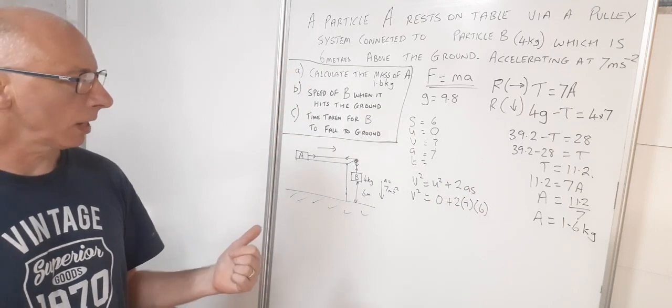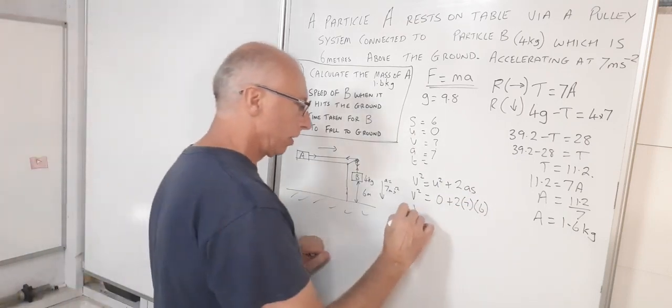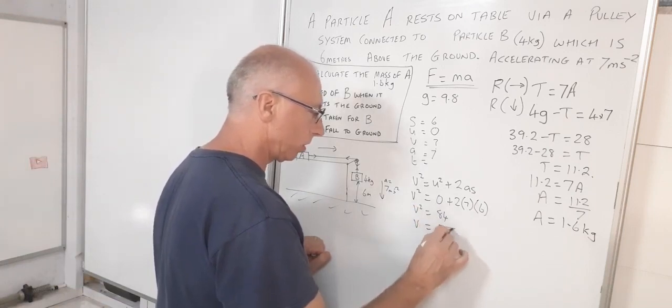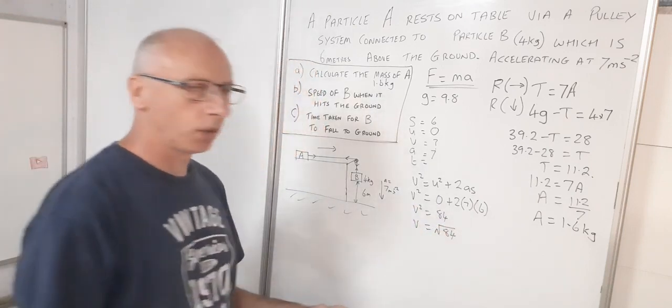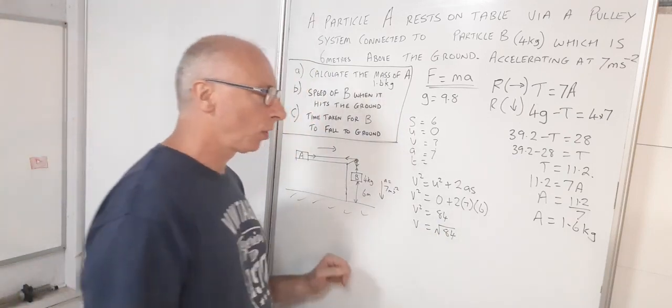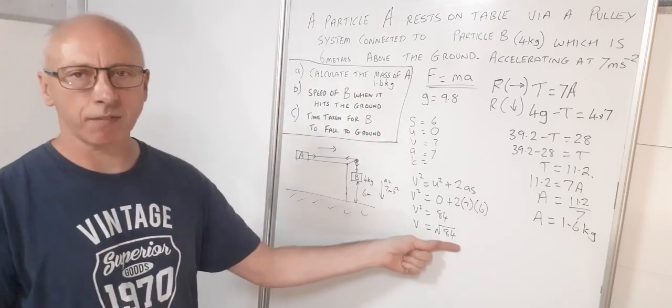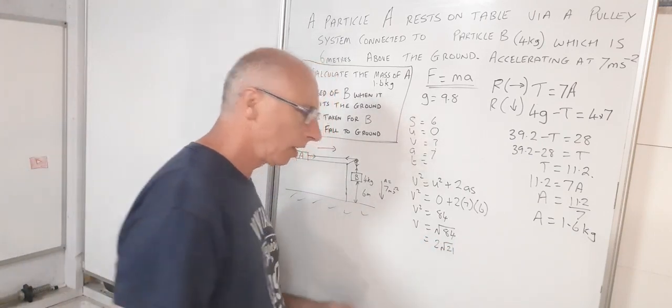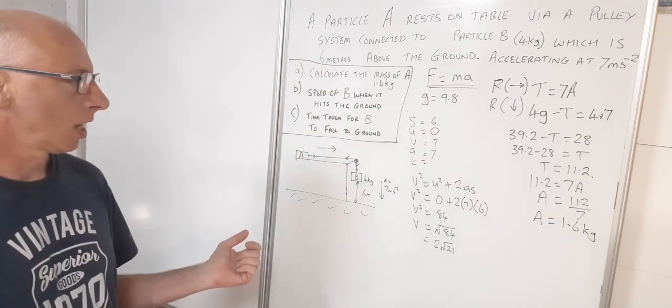So that's 42 times 2, which is 84. So V squared equals 84, and V equals the square root of 84, which is just a bit more than 9. I'm going to leave that in its exact form, or you could put that as 2 root 21 if you want to go for surds.